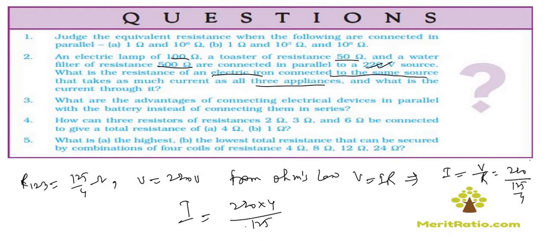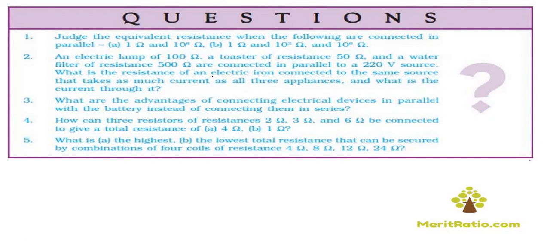You can calculate this: 25 into 5, and it is better that we divide through 5, and this will become 44 into 4 upon 25. So how much are we getting? 176 upon 25 amperes.